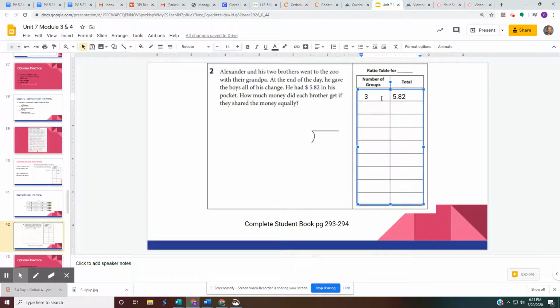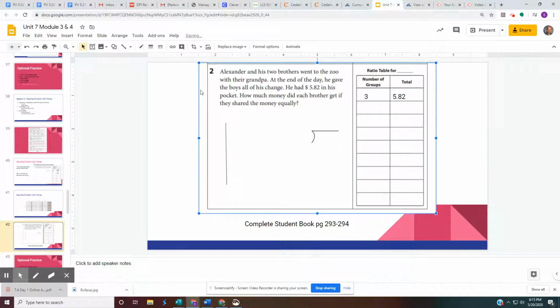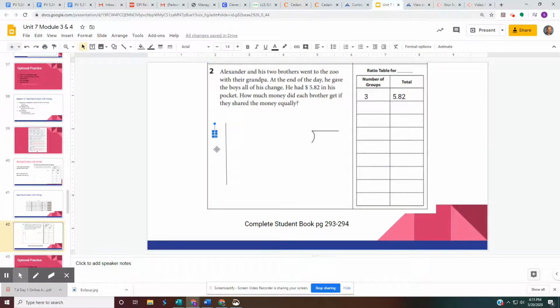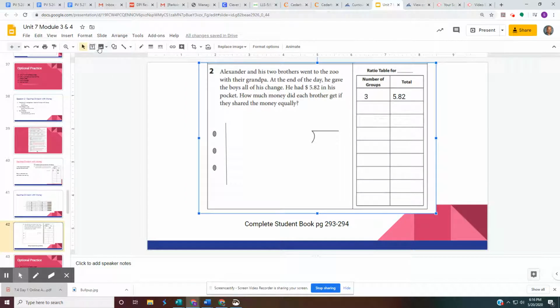Well, that's kind of difficult for me, right? I can't really think that I have that ability. So I'm going to make my ratio table here. I have my 3 groups. I have a group here, that's one brother, and then there are my other brothers. So, can I give everybody $1? Yeah, I can give everybody $1.